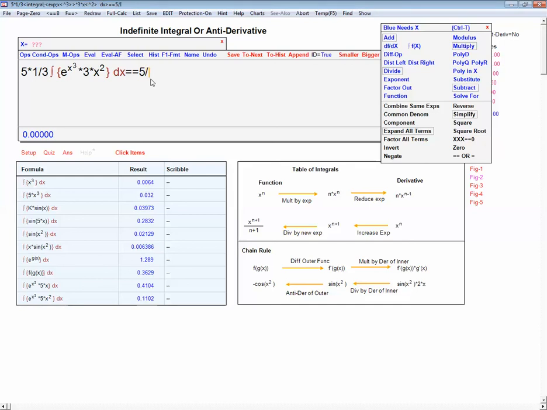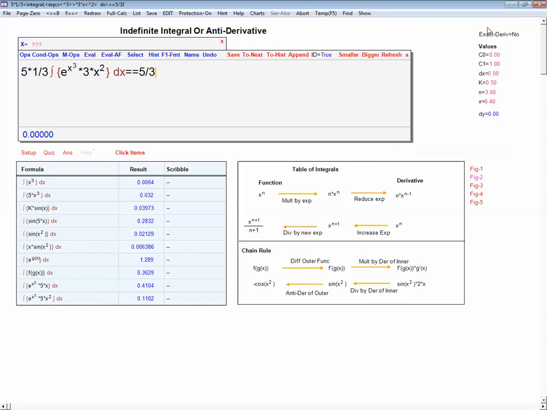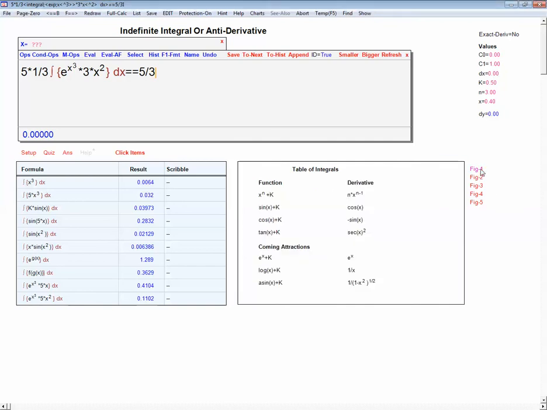So to find the antiderivative, I carry along the 5/3. I divide by my derivative, by g prime of x, and I take the antiderivative of e. But let's go down to our table. What's the antiderivative of the exponential function? It's the exponential function.